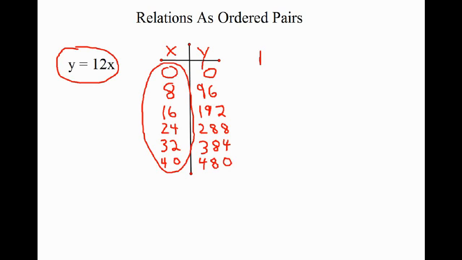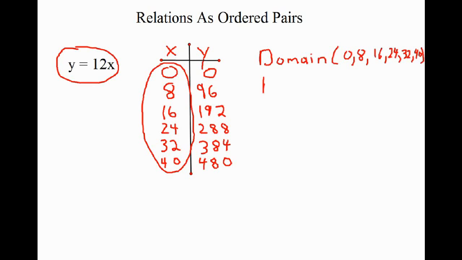In this case, the domain is all the possible values for x, because we can only work 8-hour shifts, and only up to 5 days a week. So we could work 0 days, which means 0 hours, or we could work 8 hours, 16, 24, 32, and 40. Those are all the possible values of x, which is called the domain.